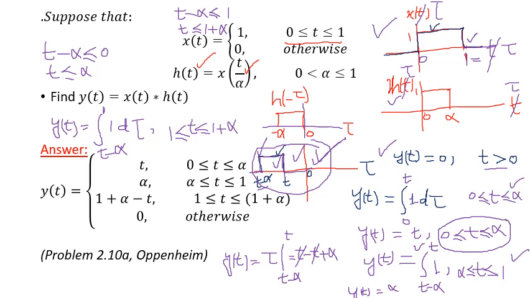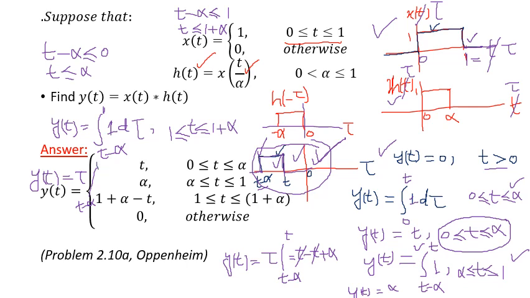For the next interval, the upper limit is fixed, so you just take the integration of 1, which will be equal to tau, right? So that means y of t equals tau, and the limits of integration are t minus alpha up to 1.